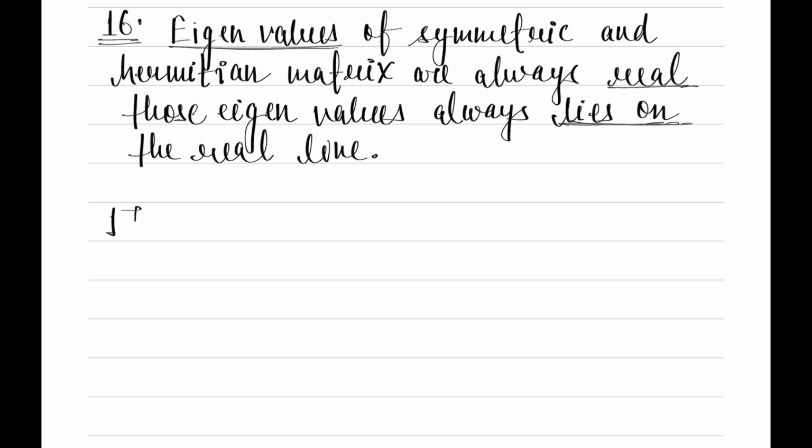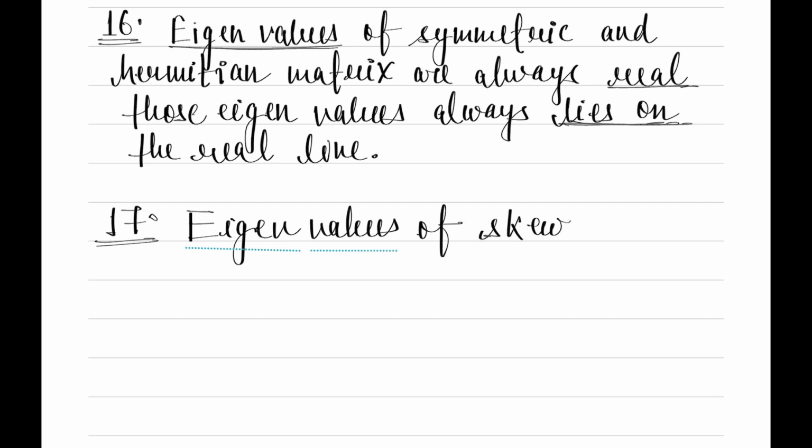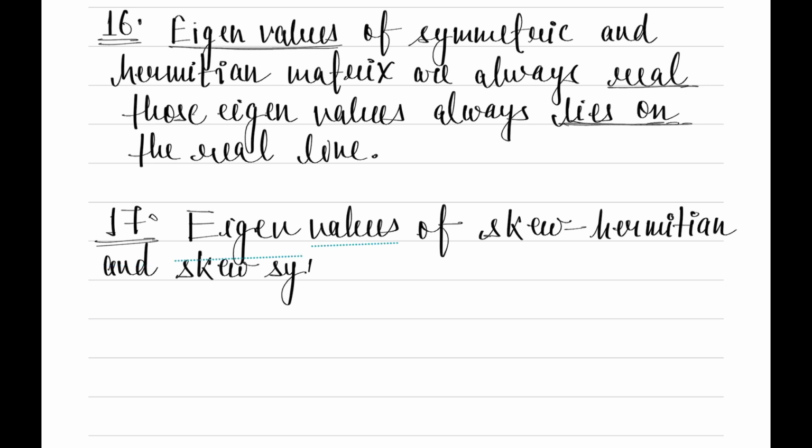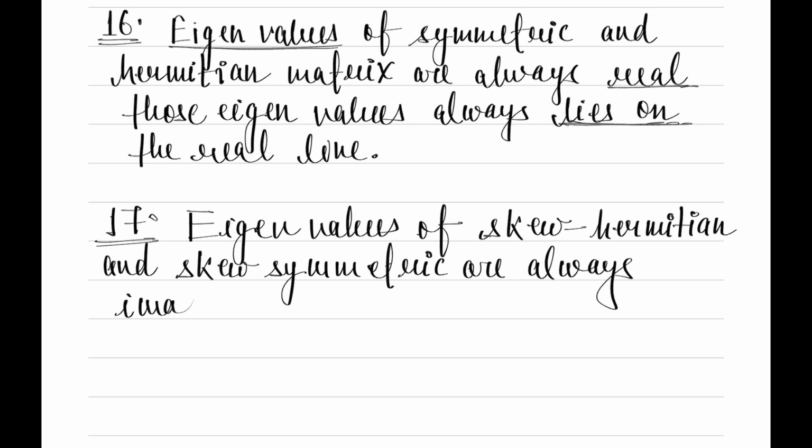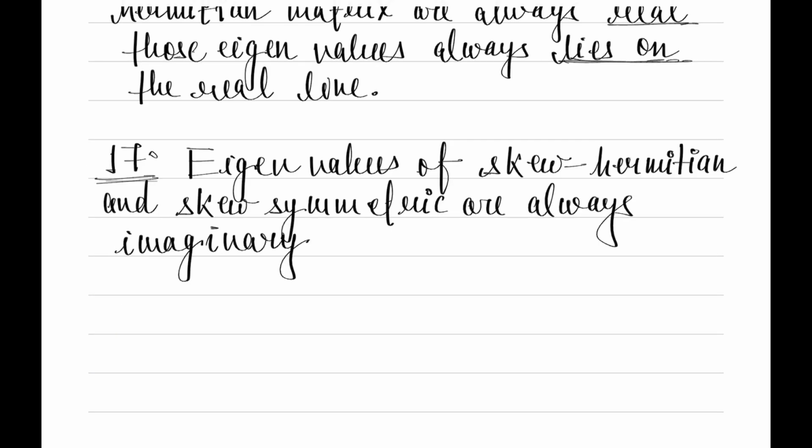Now we will see property number 17. Eigenvalues of skew Hermitian and skew symmetric are always imaginary and lie on the imaginary line.